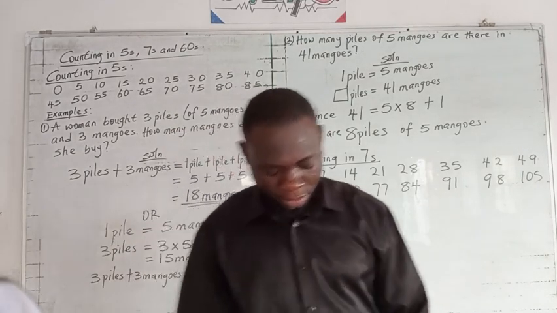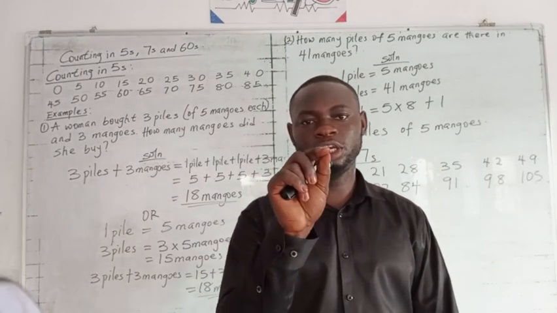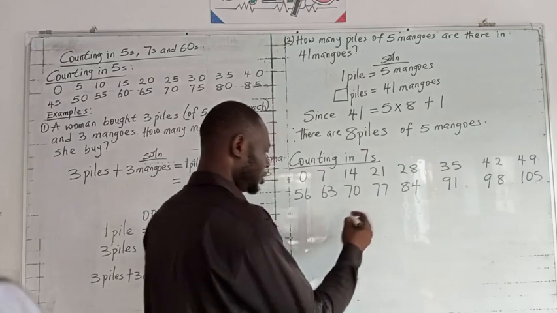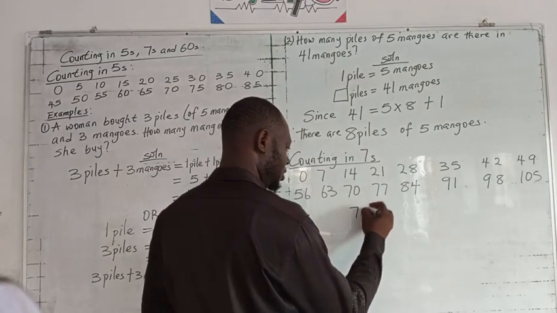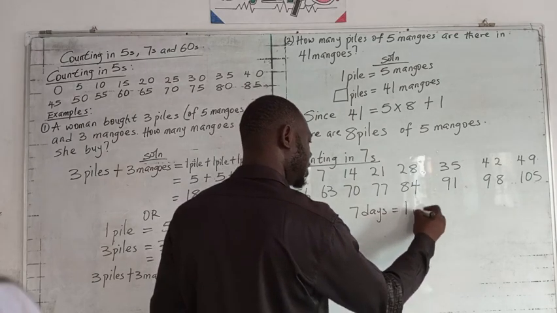But remember that we said here we are going to be considering 7 in weeks and days. All right? So we know that there are 7 days makes 1 week.